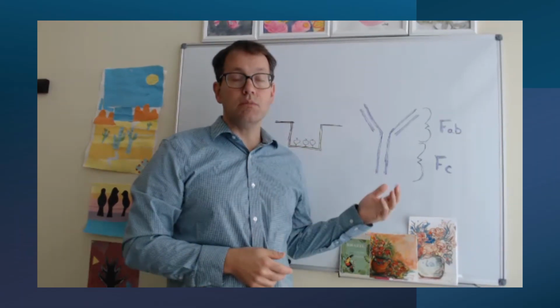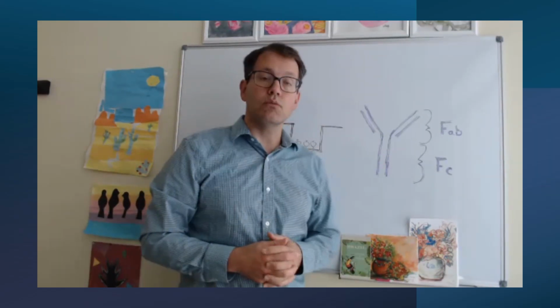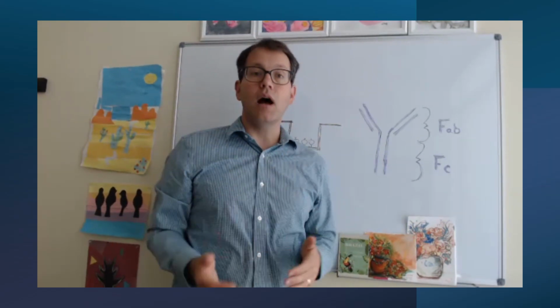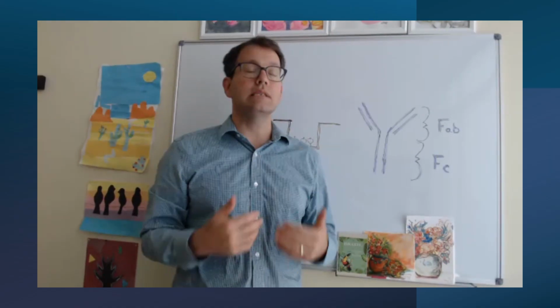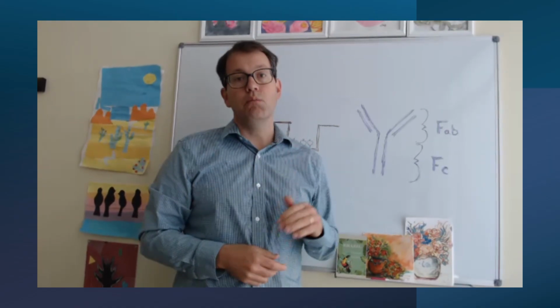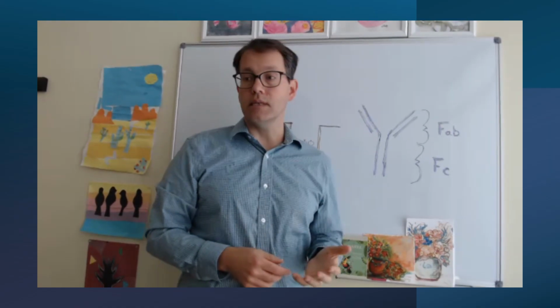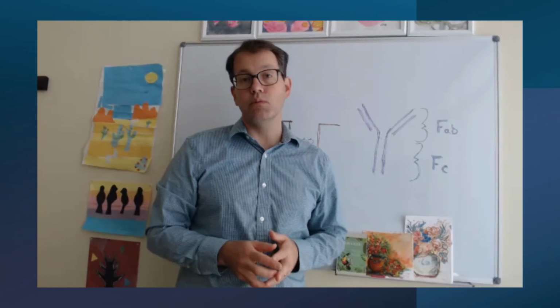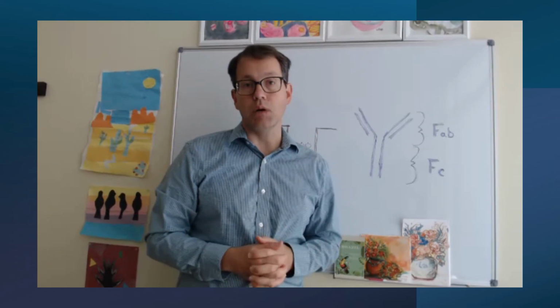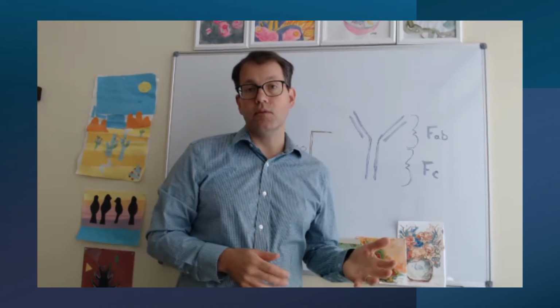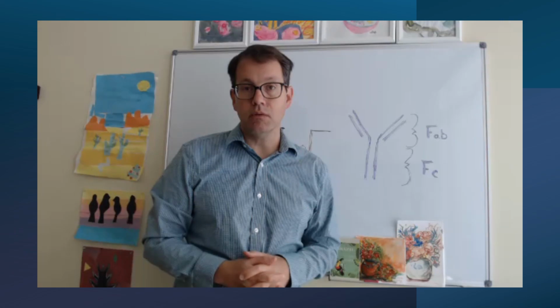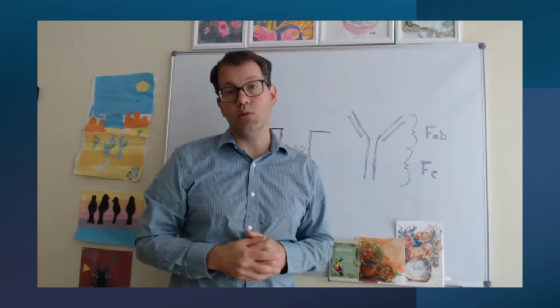That's important because it means rheumatoid factor is not just a marker of rheumatoid arthritis. We definitely see it in rheumatoid arthritis, but you can see it in many other diseases. In fact, if you are measuring both rheumatoid factor and CCP antibody, and you find that the rheumatoid factor is positive, but the CCP is negative, that could still be rheumatoid arthritis.